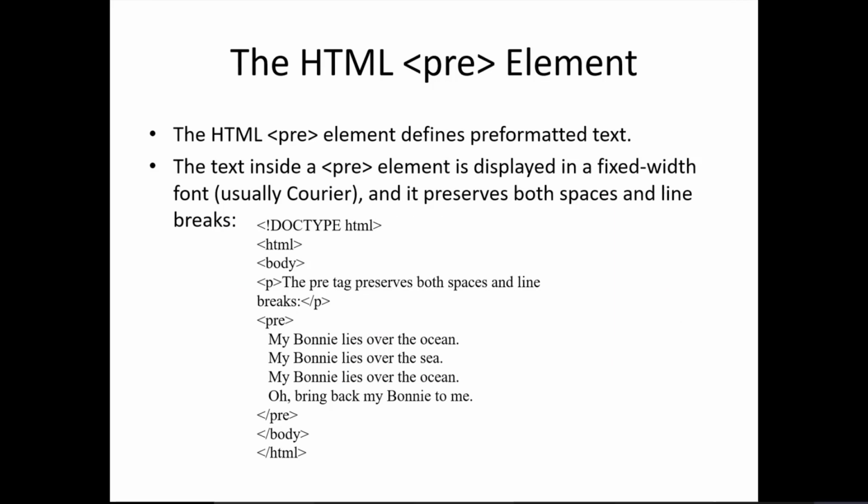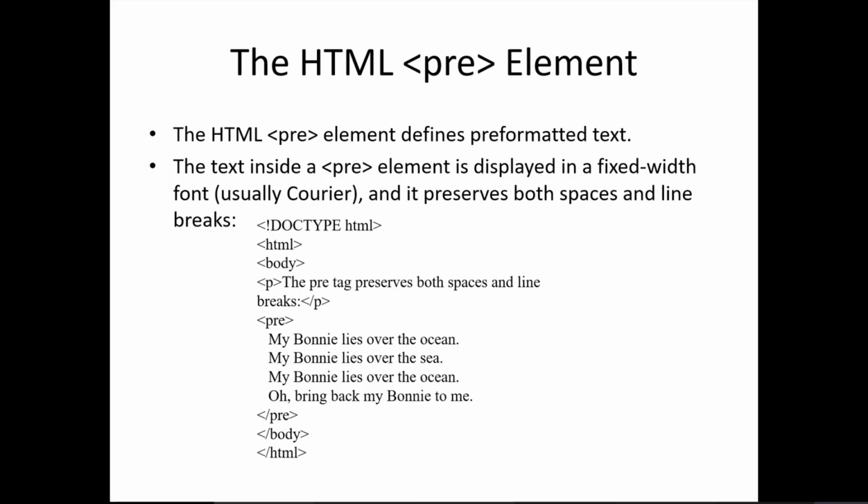Then the HTML pre element. The HTML pre element defines pre-formatted text. The text inside a pre element is displayed in a fixed width font, which is usually Courier, and it preserves both spaces and line breaks.